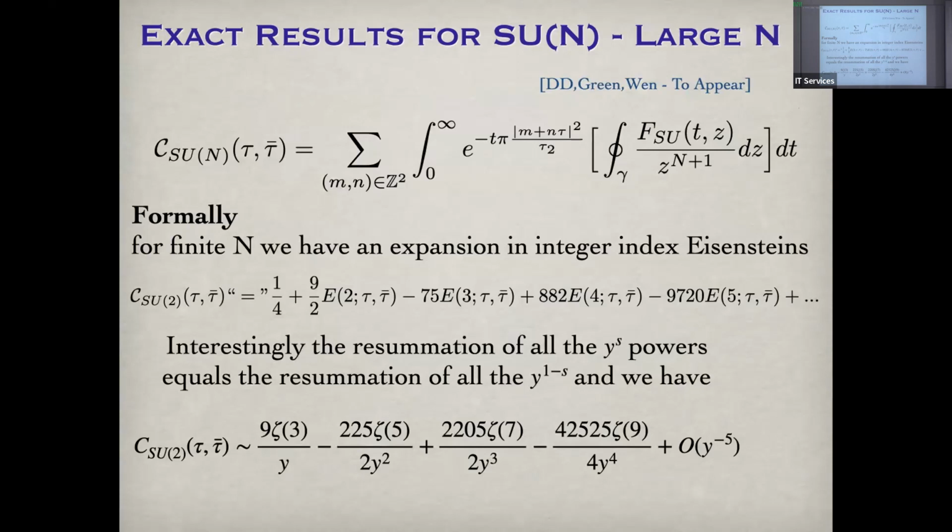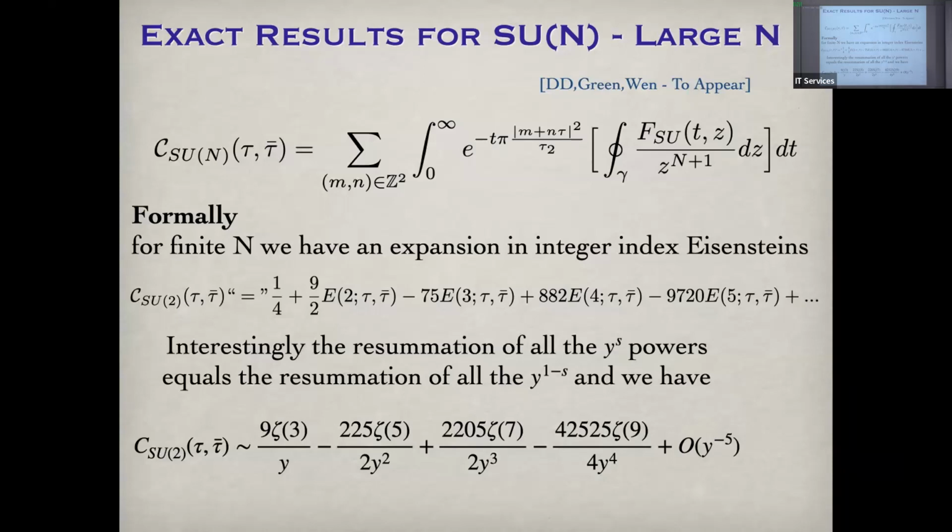We noticed that in the expression that I wrote before, this is the asymptotic expansion at the cusp. And now this term, zeta 3 over y, zeta 5 over y squared, zeta 7 over y cubed, recognize that they're exactly of the same type as the zeta 3 contribution coming from E2, the zeta 5 contribution coming from E3, and so on. However, the reason why this object makes absolutely no sense is that at the cusp, E2 and so on doesn't just have the y to the 1 minus s, it also has the y to the s.